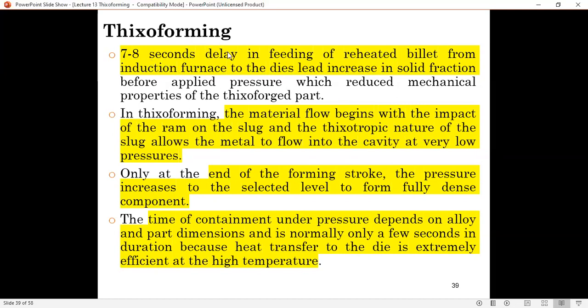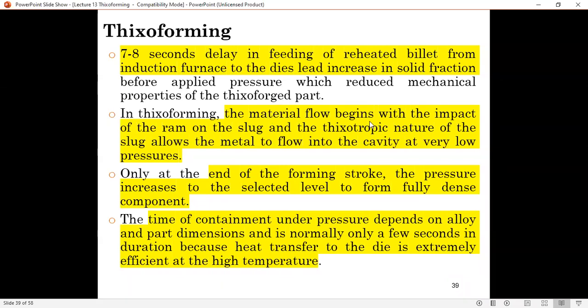The maximum is about 7 to 8 seconds, because otherwise it leads to an increase in solid fraction. If you preheat and then wait more than 7 to 8 seconds, the liquid will turn into solid, decreasing the liquid fraction inside the billet. So you don't want that.